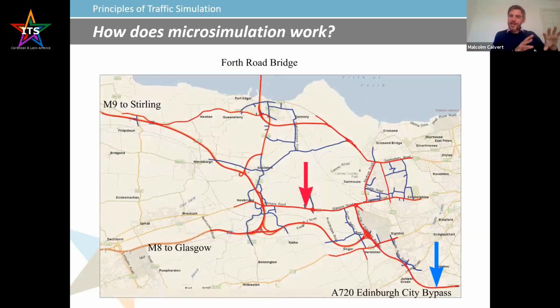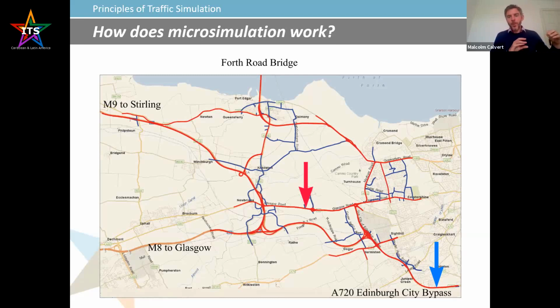And so this slide shows an example in Scotland. This is beside Edinburgh, the capital of Scotland, where we developed a traffic simulation model of a lot of the motorway network in this area. So you've got lots of major roads.